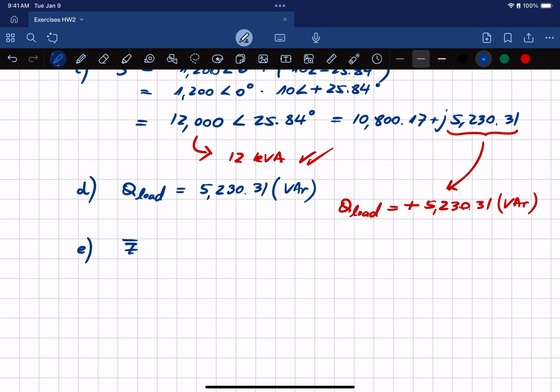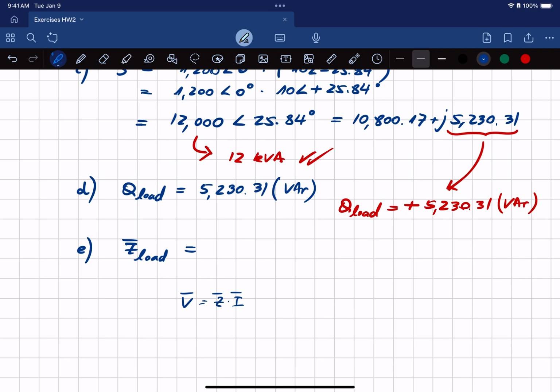So again, load is simply a way to represent voltage and current relationships. We know Ohm's law, V equals Z times I. Now in AC, all those are phasors.